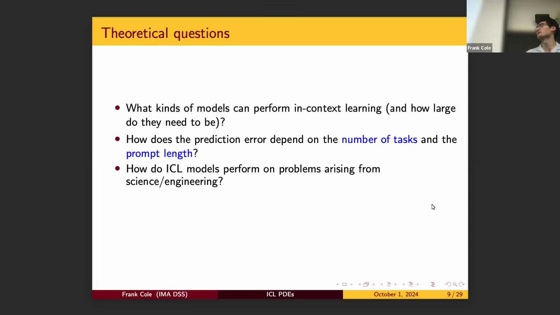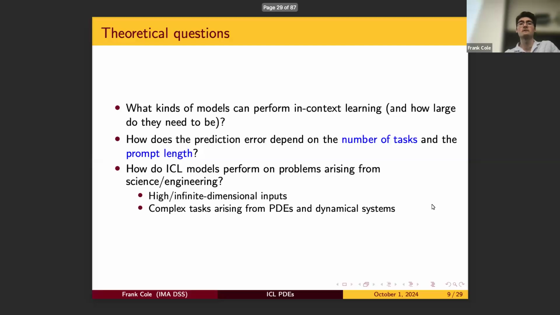And maybe a third question is, how do these models perform on tasks arising from problems in science and engineering, which are characterized by challenges such as high or infinite dimensional data arising due to the discretization of continuous problems, and also tasks with very complex structure arising from PDEs and other physical phenomena.